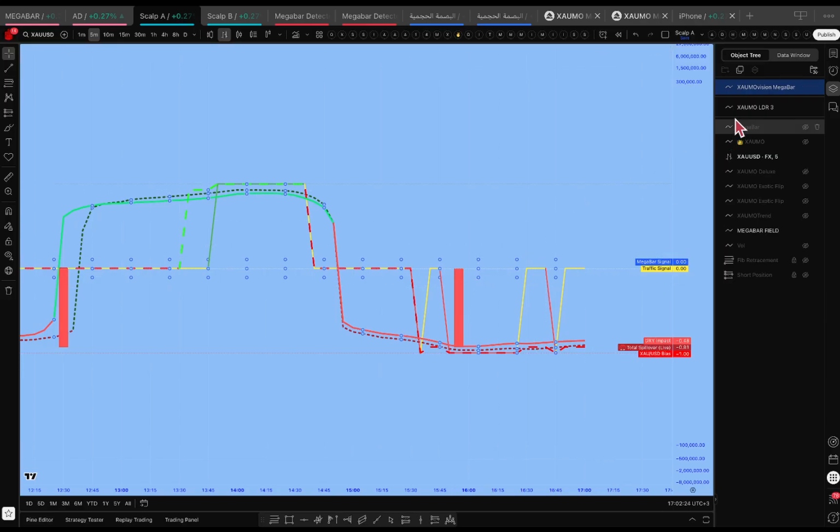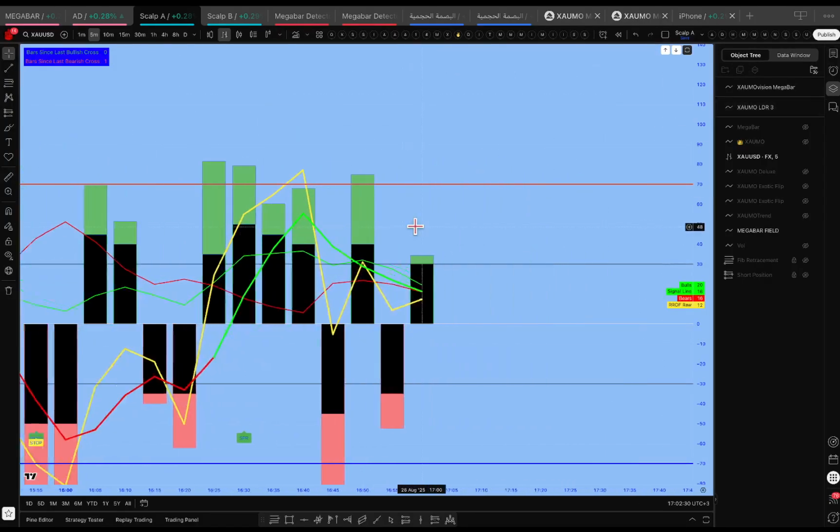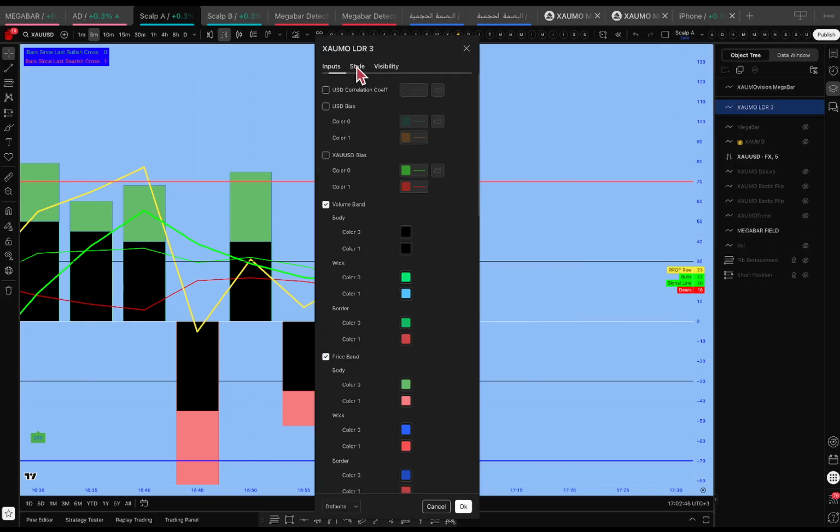Okay, and the LDR is my baby. That's my indicator, the law of diminishing return. It shows you whether the market is bullish or bearish, whether the cross is going to happen. This is the 30 line and 70 line. Once we have a cross here, let me show you that.